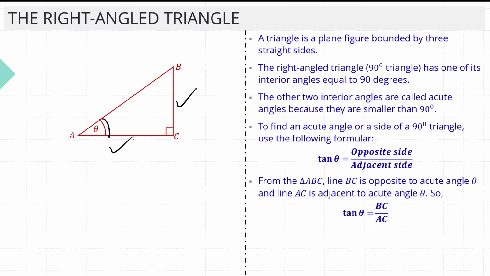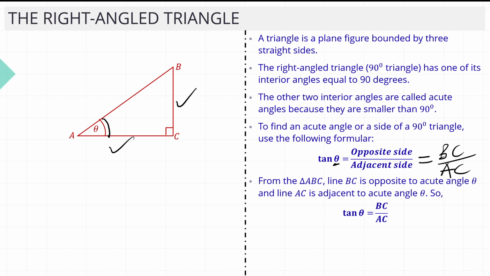So we write tan theta equals BC divided by AC, saying that the side of the triangle that is opposite to the acute angle theta is BC, and the side that is adjacent to theta is AC. So the formula becomes this way.